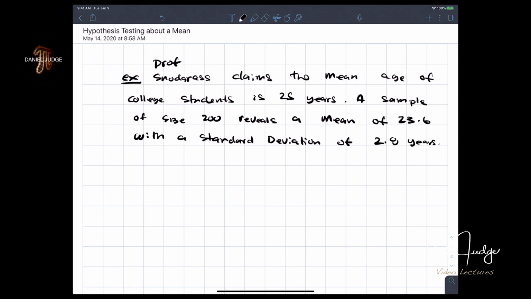So these are both years, so we know that. Use the 5% level of significance to test this claim.